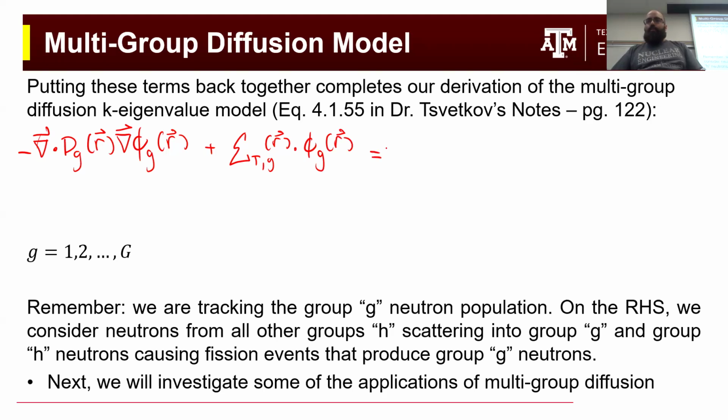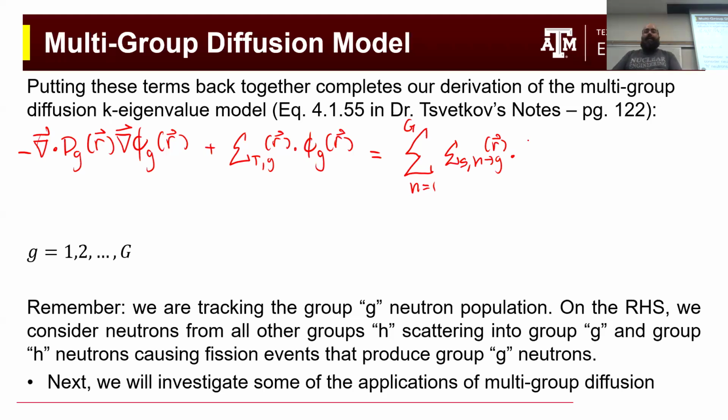And then that was equal to, and then on the right side, I had my scattering term and I had my production term. Both of those had big sums. So we had a big sum going over all H's. For my scattering term, I had a sigma S to go from group H into group G. That could depend on position.